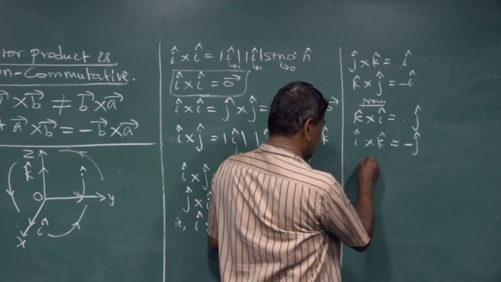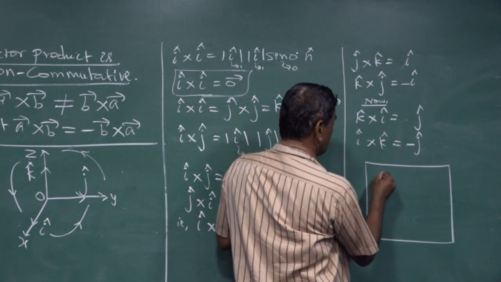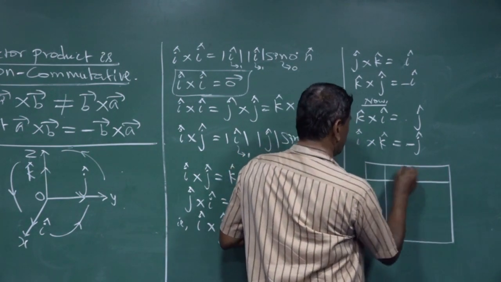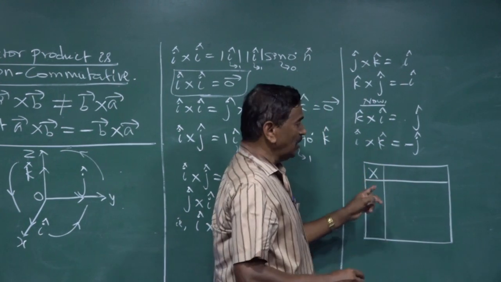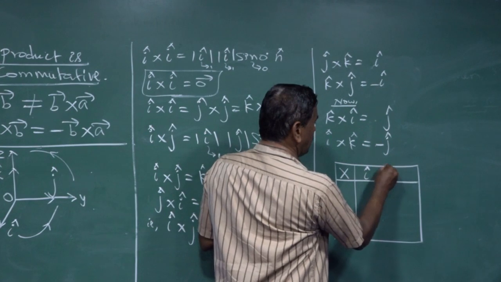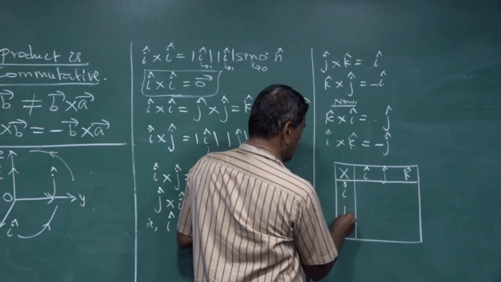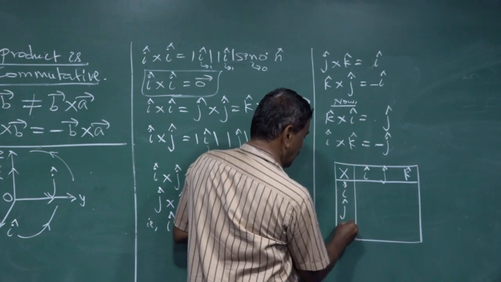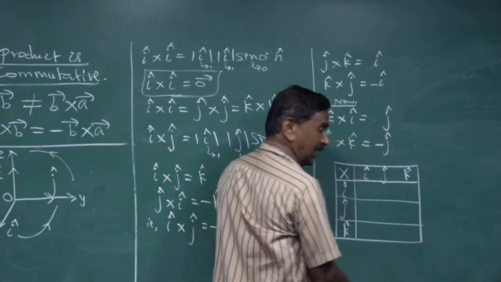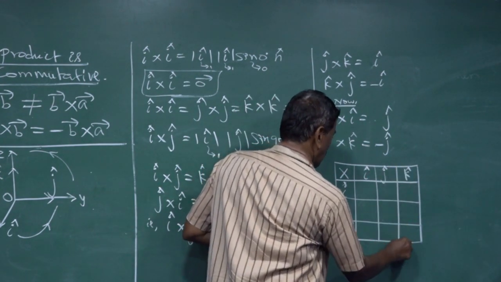Now these results we can put into the table. Listen. First here cross product. There are three unit vectors: I cap, j cap, and k cap. Here also I cap, j cap, k cap. Now complete the table. First horizontal lines, then vertical lines.